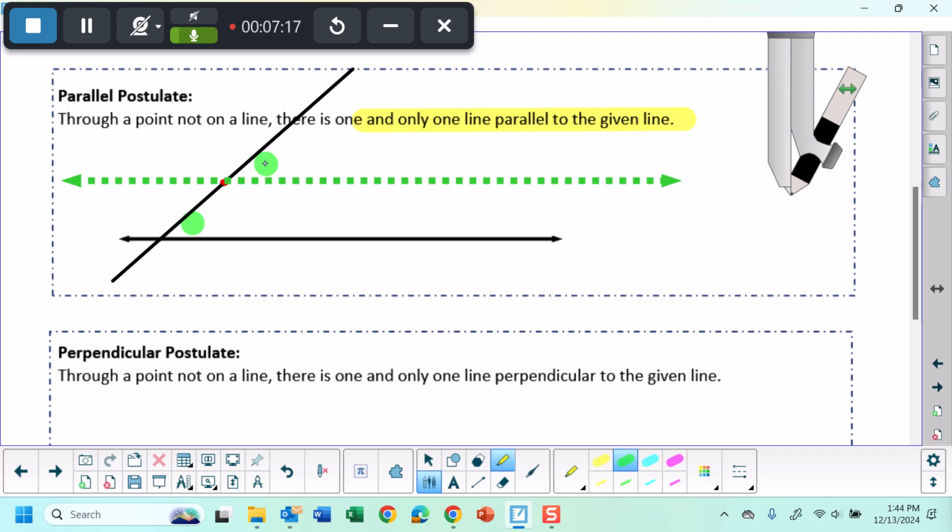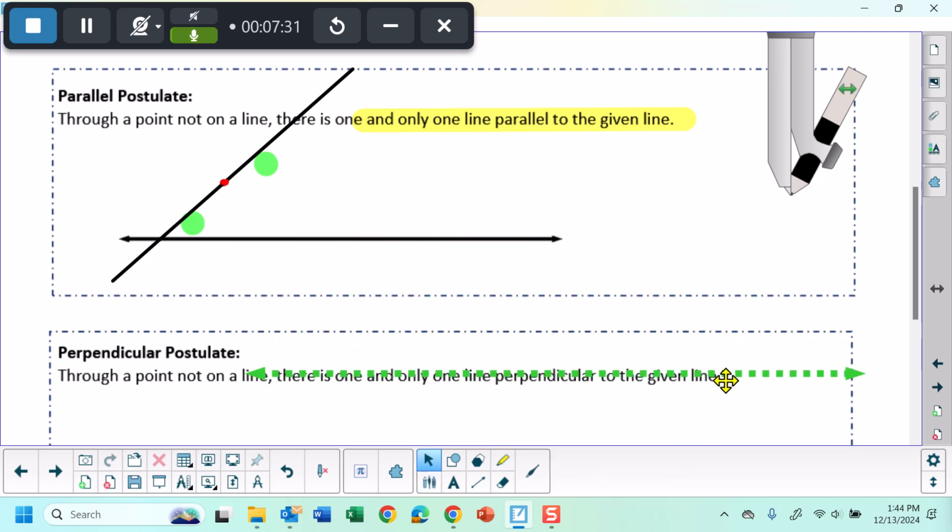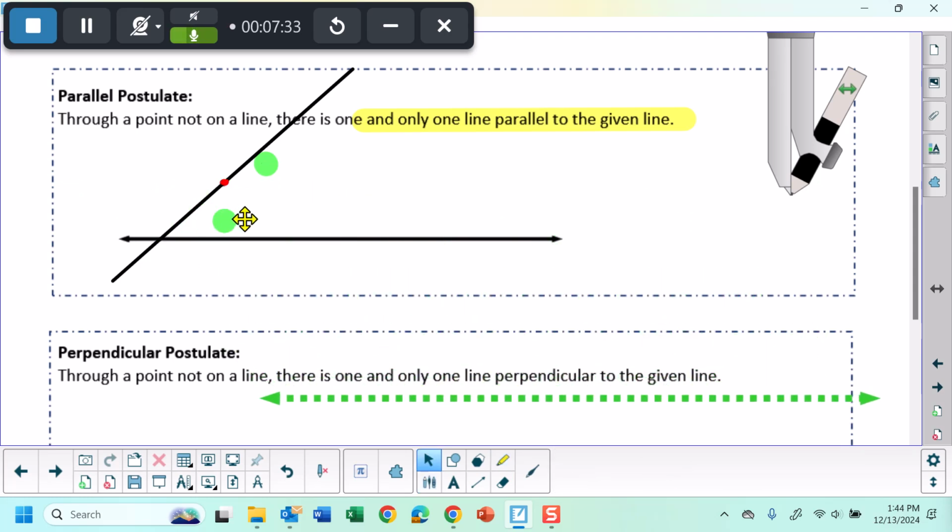And isn't that what I want to do? So if I can create two congruent angles that are in these positions, I'm going to get a parallel line. You okay with that? So that's exactly what I'm going to do. I'm going to take away my imaginary lines, and we're going to copy this angle and put it up here. Are you with me?